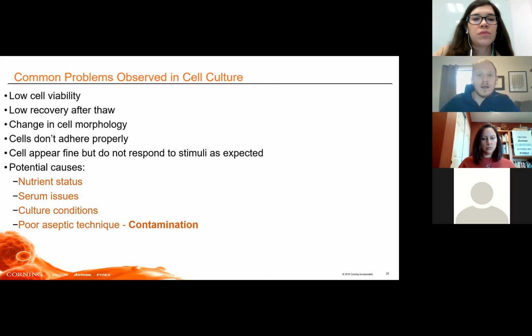Or has there been a drop in temperature or CO2, or simply poor aseptic technique that has introduced a potential contaminant into the tissue culture vessel? That's what we're going to spend a lot of time talking about now: aseptic technique, some of the routes of contamination, and some of the common contaminants that could be introduced into your cell culture.